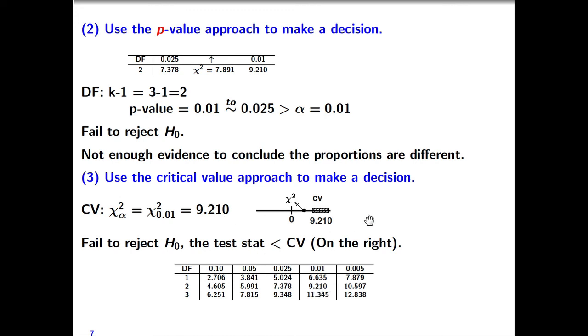So we draw the number line, put the 0 in the middle, and you have the critical value to be 9.210, and your test statistic is 7.891, which is less than the critical value on the right. We fail to reject H0. And again, if you use the p-value approach or the critical value approach, you should draw the same conclusion. And in this case, you fail to reject H0.